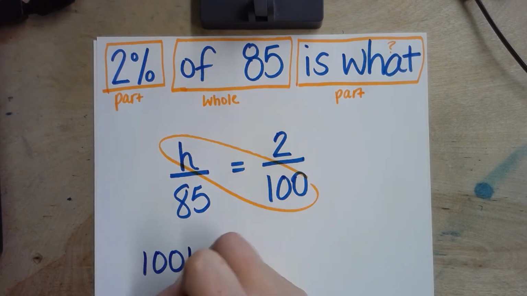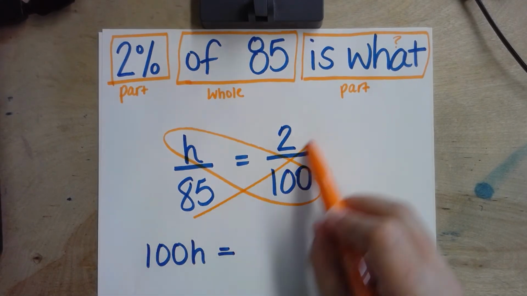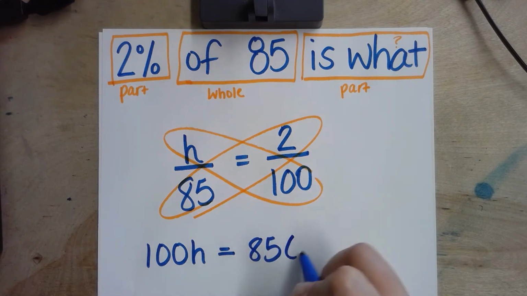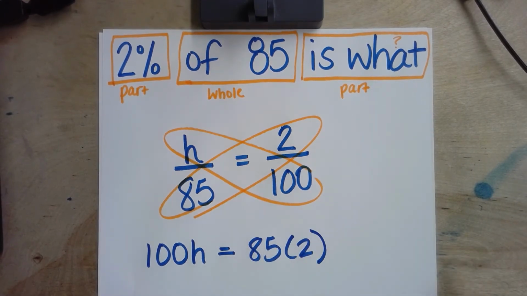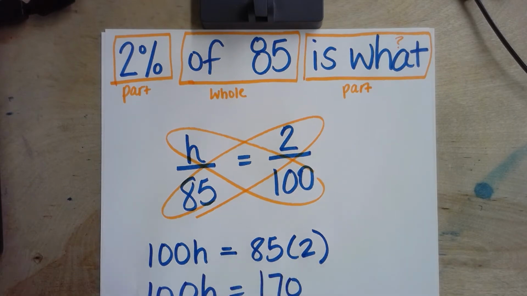So we have 100h, cross multiply, 85 times 2. I'm going to do some mental math. 80 times 2 would be 160. 5 times 2 is 10, so 160 plus 10 would be 170.